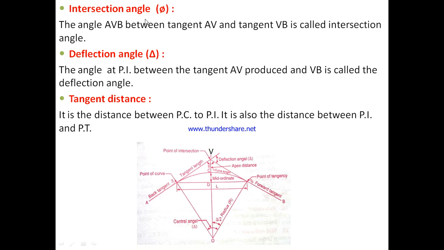The next one is intersection angle phi. The angle AVB between tangent AV and tangent VB is called the intersection angle. So the angle between these two lines is called the intersection angle phi. It is given here, this one is phi.